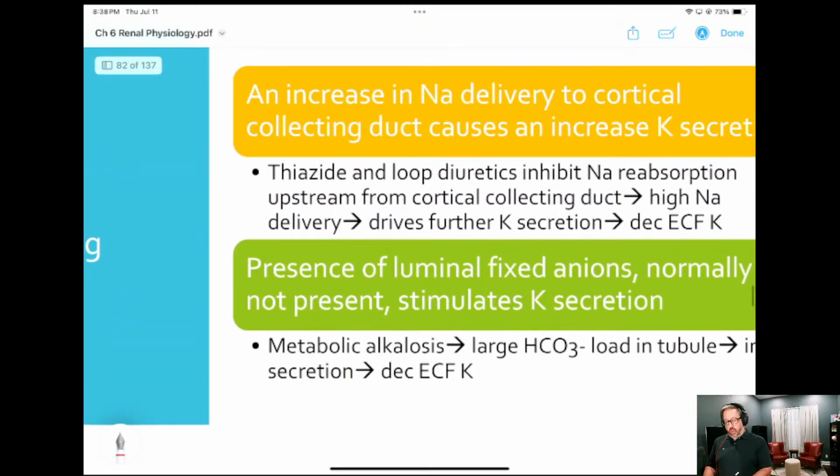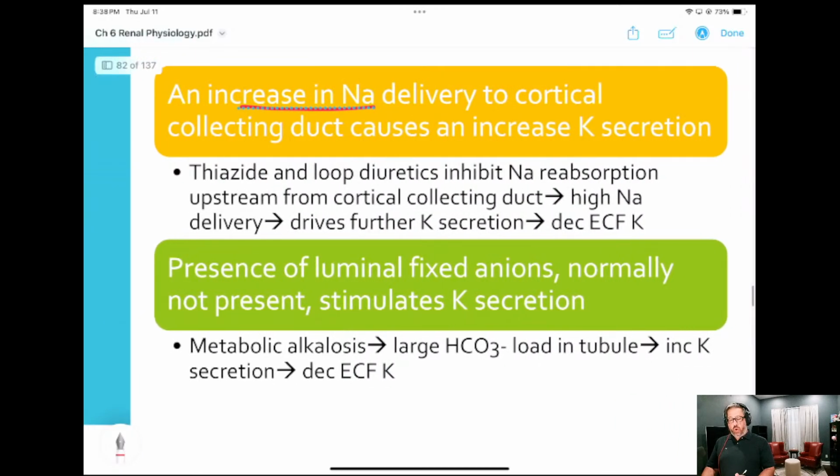So, an increase in sodium delivery to the cortical collecting duct will cause an increased potassium secretion. Why? They inhibit sodium reabsorption upstream from the cortical collecting duct. We just mentioned that the loop and the distal convoluted tubule are the two major sites for your thiazide and your loop diuretics. So that just drives further potassium secretion, decreasing ECF potassium.